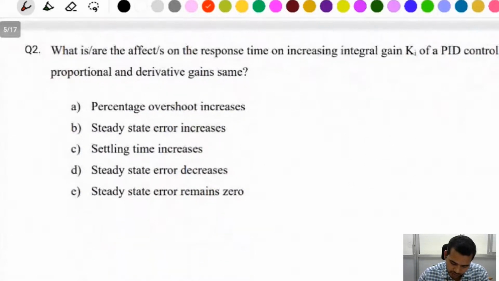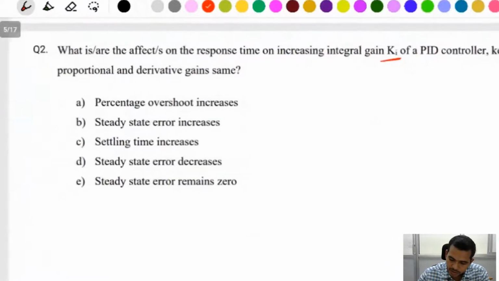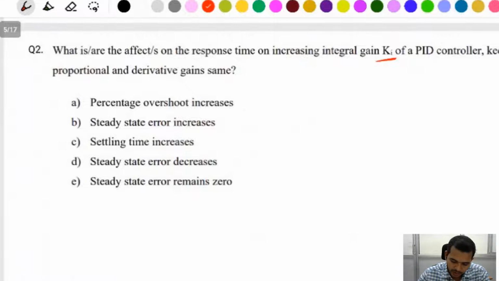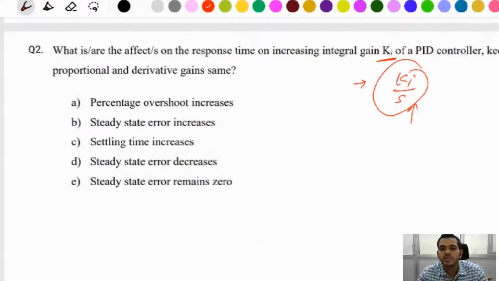Same with question number 2. What is the response time in increasing the integral gain Ki? You take Ki in our PID controller, keeping proportional and derivative the same, and apply the same thing here. Ki means Ki by S. Yes, it introduces a pole in the system, in your plant.